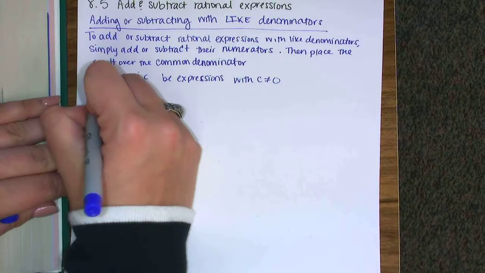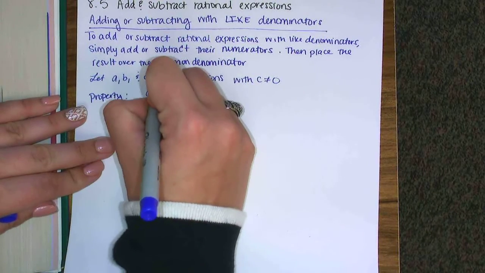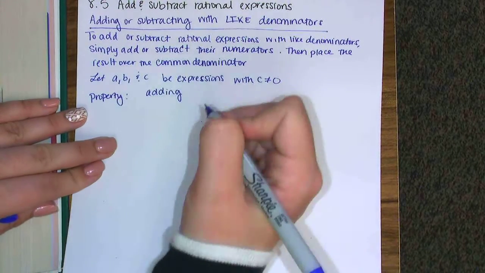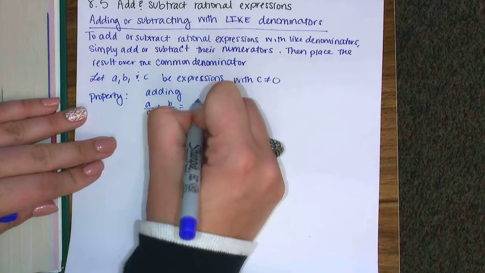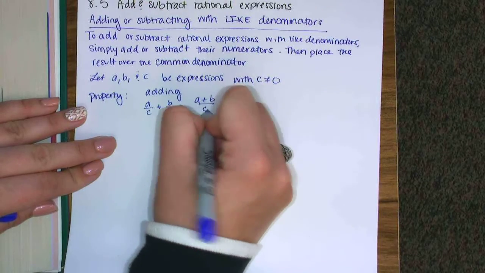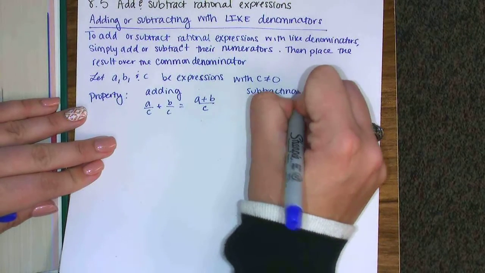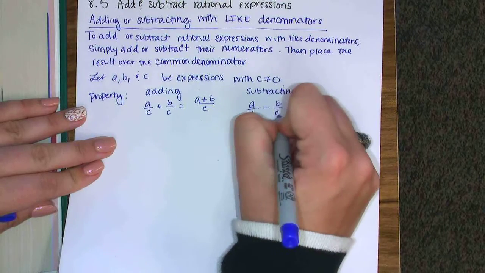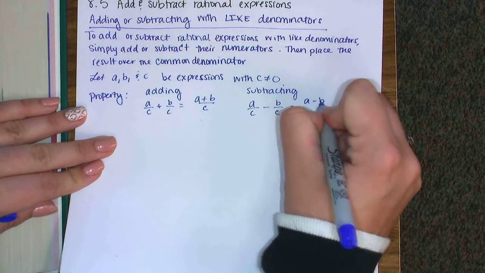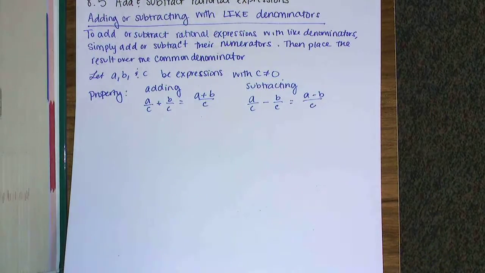So the property for adding says that A over C plus B over C is equal to A plus B over C. And for subtracting says that A over C minus B over C is equal to A minus B over C. Alright, so that's that property.